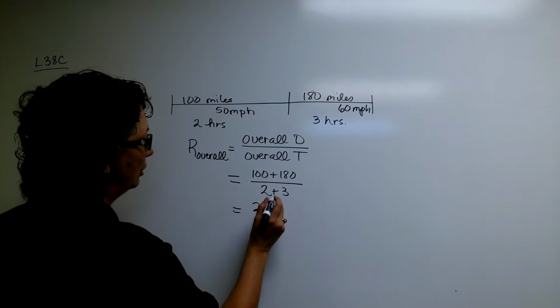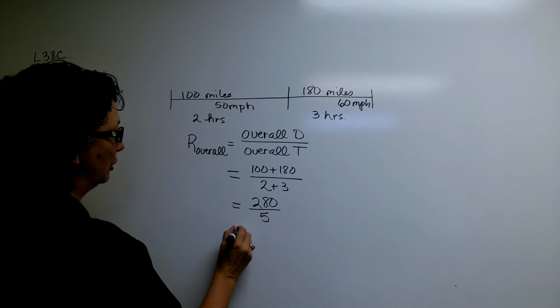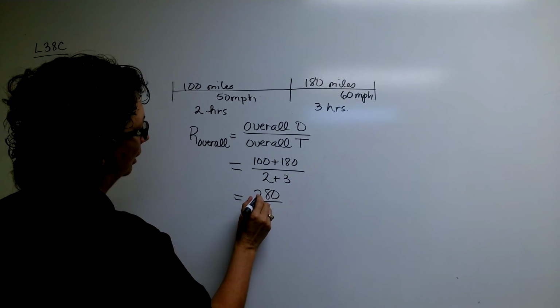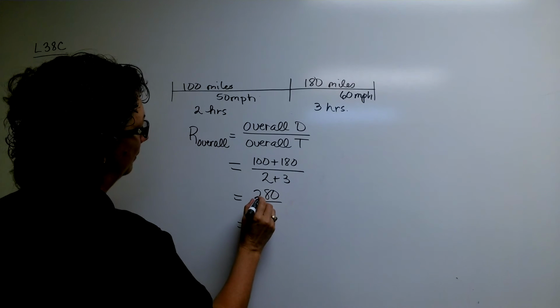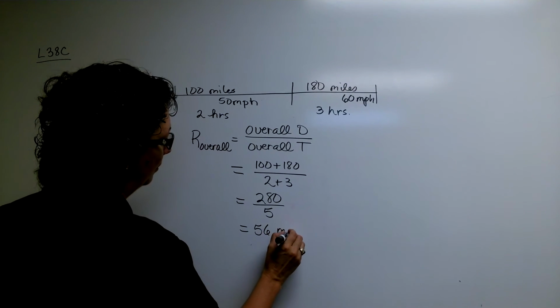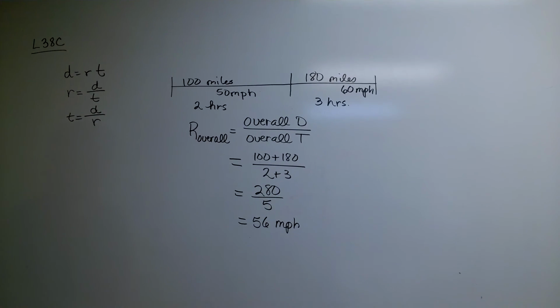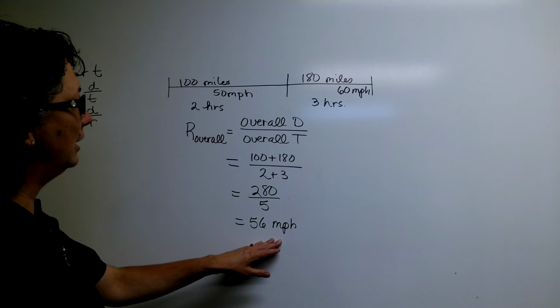So they've got 280 miles divided by 5 hours, so they've got 56 miles per hour. So they went an overall rate of 56 miles per hour.